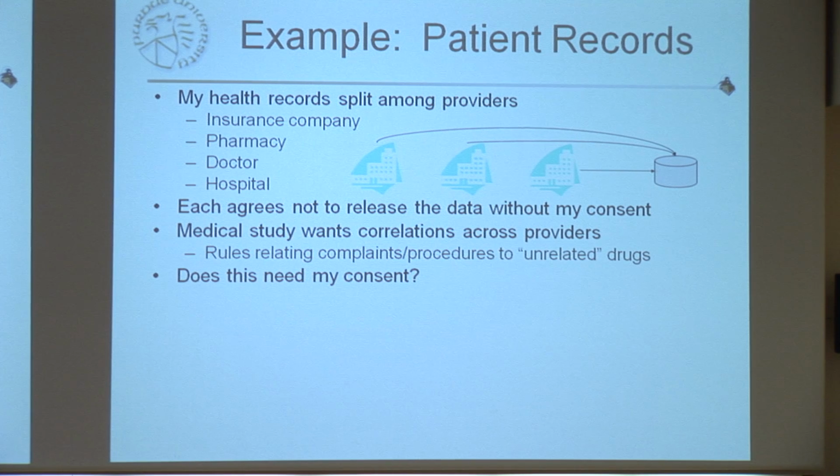So here's an example. My health record is split among providers: hospitals, pharmacies, doctors, insurance company. Each sees a different part of my health record. I'd love to do medical studies that look at all this data.